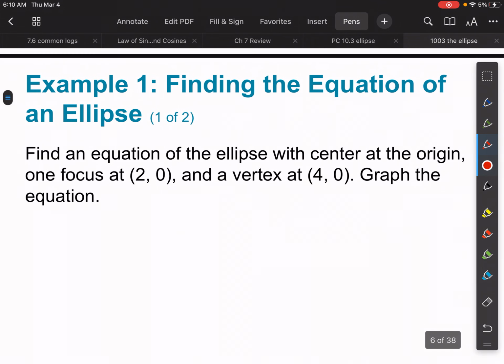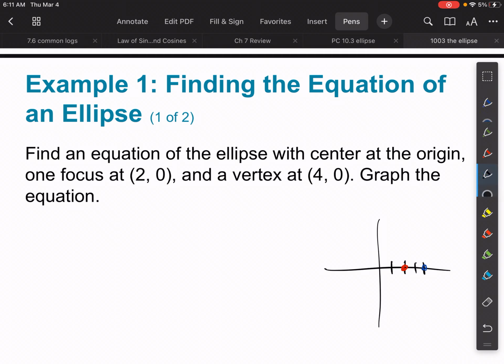The first example says, find an equation of an ellipse with center at the origin. So that's important, we know the center is at the origin. We know that we have one focus at (2, 0), which is here, and then we have a vertex at (4, 0), which is here. Since the center is at 0, we can just replicate that on the other side: at (negative 2, 0) we have a focus, and we have another vertex at (negative 4, 0).